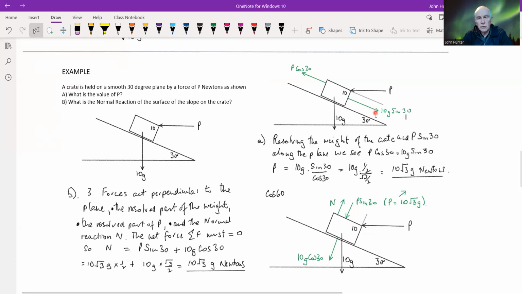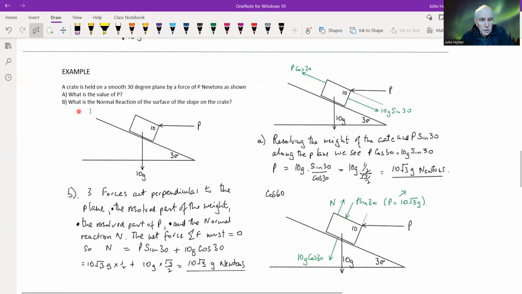Those are the only two forces acting along the plane. So P cos 30 is going to be equal to 10g sin 30. Now we've just got an equation in P, which you can work through, and that gives us 10 root 3 g newtons. Substitute whatever value of g you need if you need a numeric solution, 9.8 or 10 or whatever. So that has evaluated P for us.